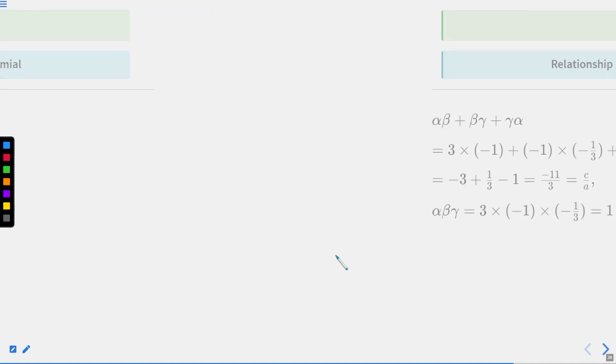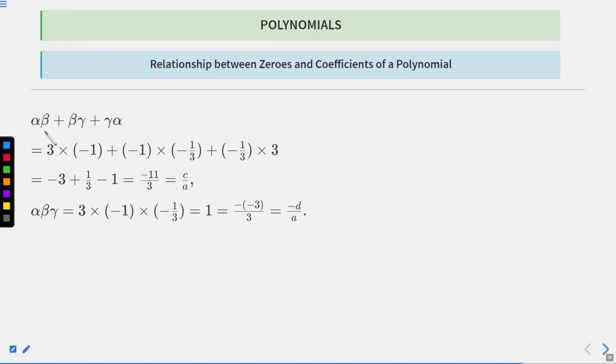Then if we take the sum of products of the zeros taken two at a time, alpha times beta plus beta times gamma plus gamma times alpha, this is equal to 3 times minus 1 plus minus 1 times minus 1 by 3 plus minus 1 by 3 times 3, and this is equal to minus 3 plus 1 by 3 minus 1.